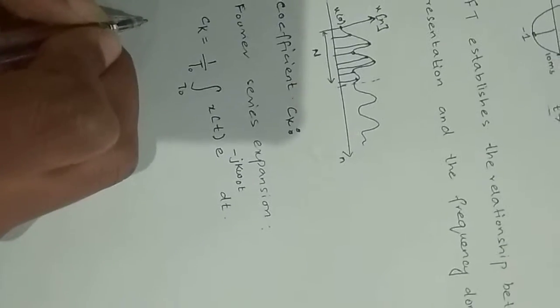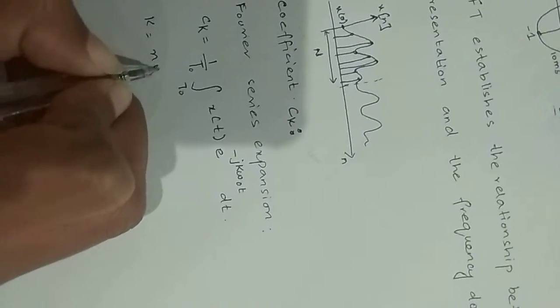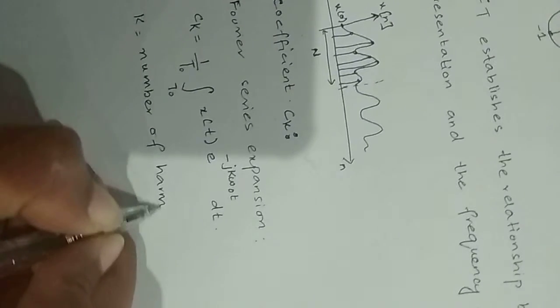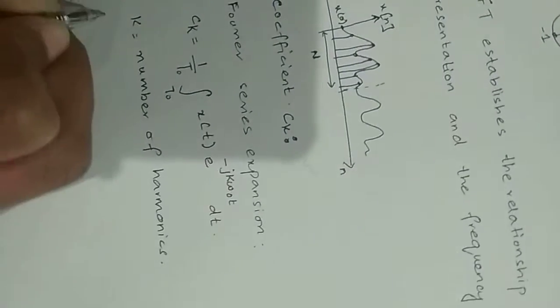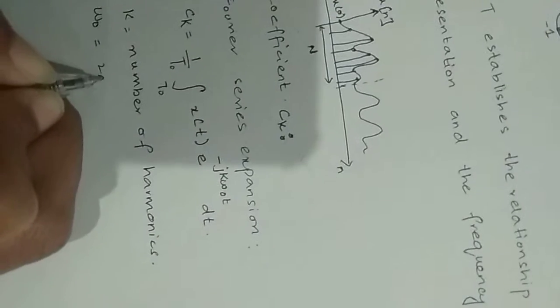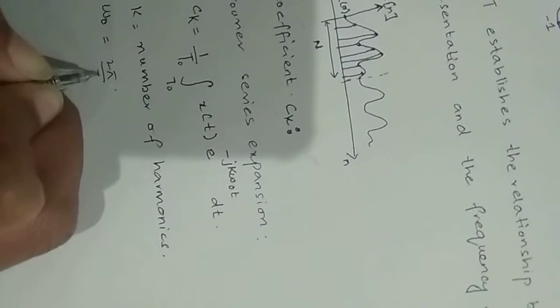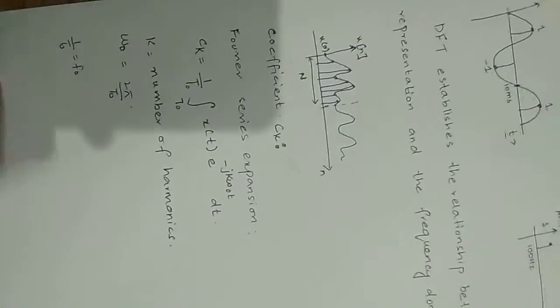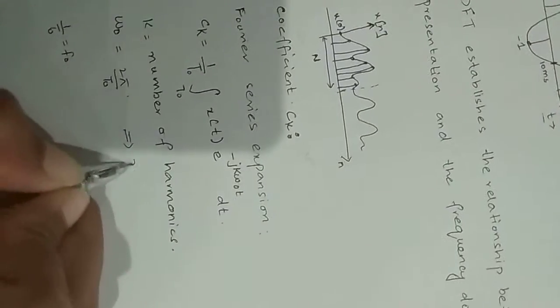Here we know that k is the number of harmonics and omega naught is 2 pi by T naught, and 1 over T naught is equal to F naught. So what we get here is 2 pi F naught. Okay, it is the omega naught.